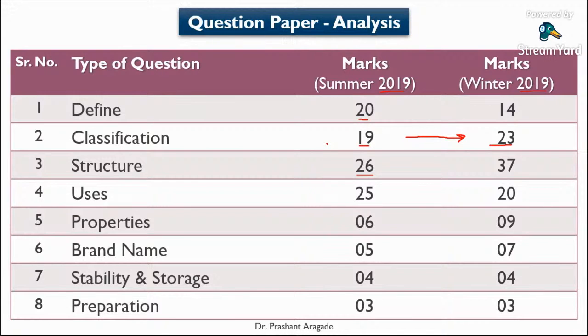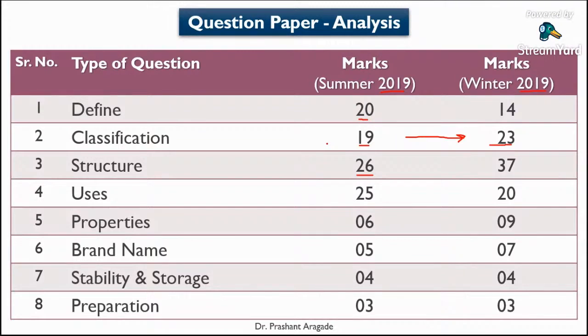It is a very important part, because if you know the analysis of the question paper and the different types of questions asked in an examination, then it will be very useful to you to start your study, start your preparation.